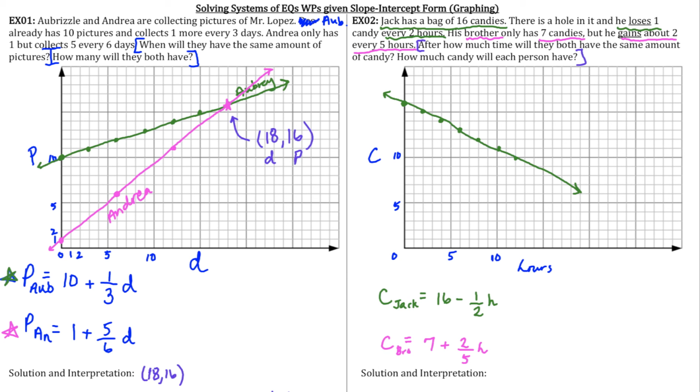And then the candy for his brother actually starts off at 7. The number of candies he has starts off at 7, and it increases about 2 candies every 5. 2 every 5. Oh, there it is. And then 2 every 5.